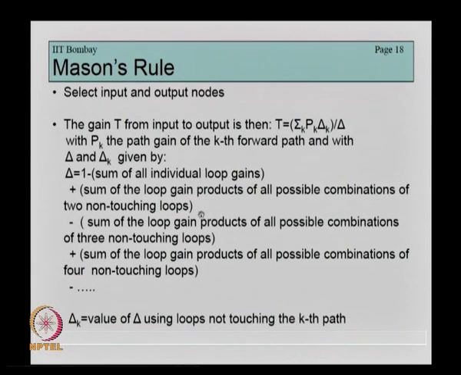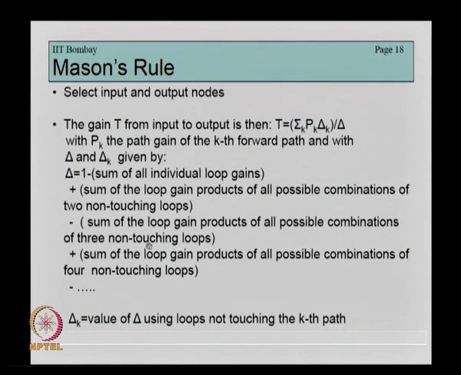So if we take two loops at one time, that is say loop 1 and loop 2, if we find out their loop gain products, loop 1 and loop 3, loop 1 and loop 2, loop 2 and loop 3, so we will have three product terms, each containing the products of two non-touching loops. So if we have three non-touching loops, we will have three terms within this bracket.